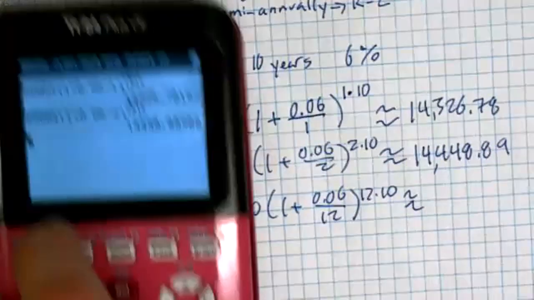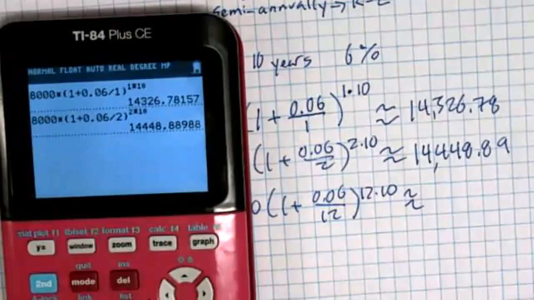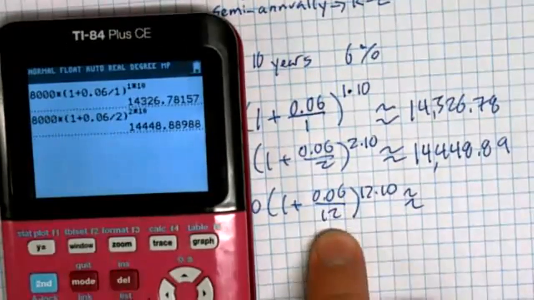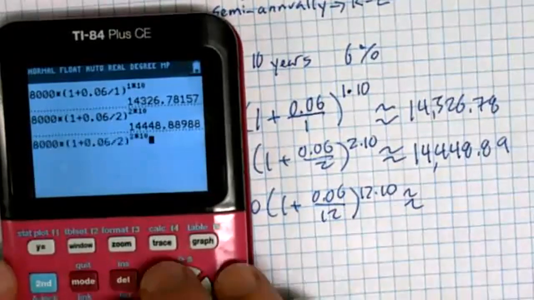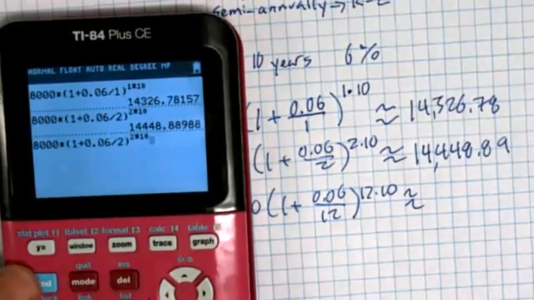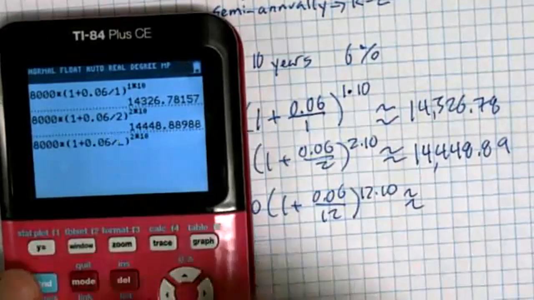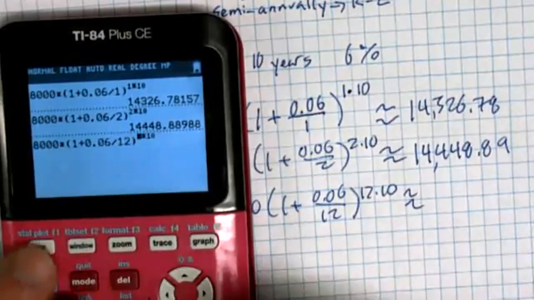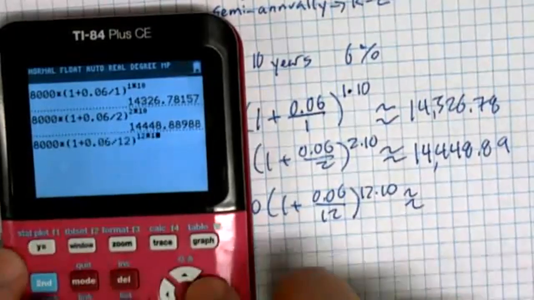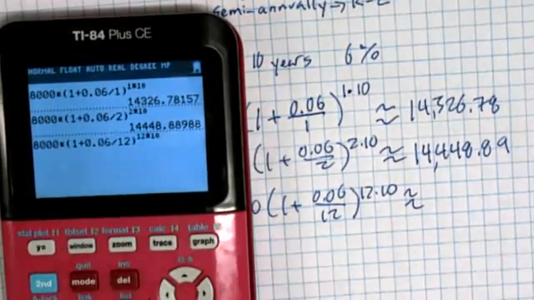This time we're getting 120 payments over 10 years, but the interest rate is being divided by 12 also. Do you know that you can hit second enter on your calculator and bring back the last thing you typed in? Or you can just arrow up. But hey, there's another $100.